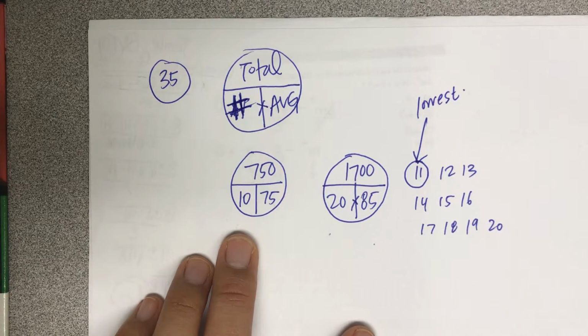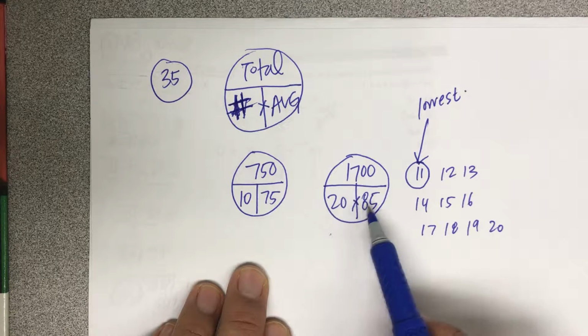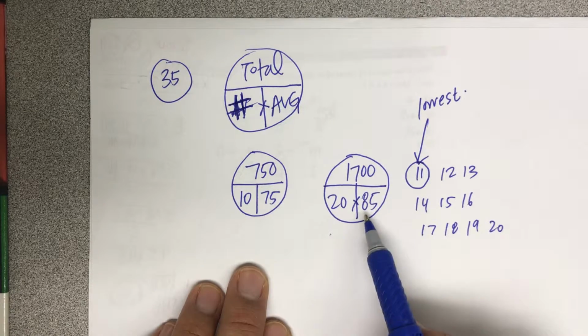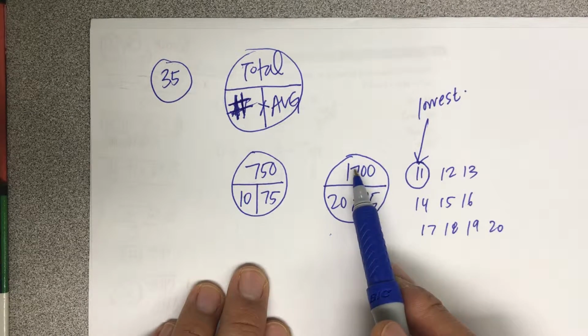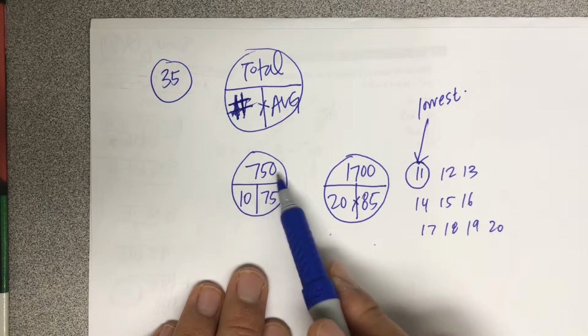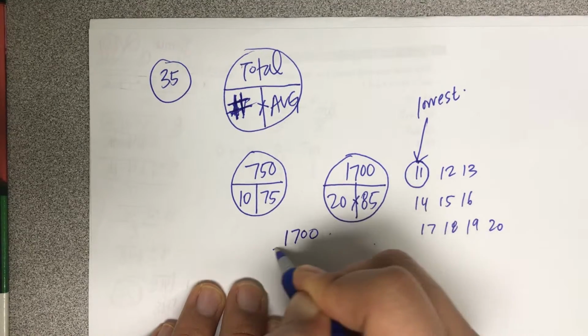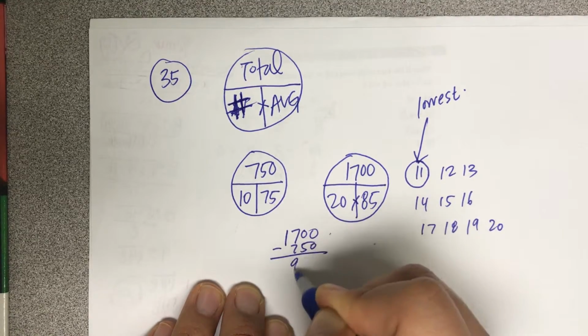So how you do this is, we know that there's 20 ratings total, and they averaged out to 85, that equals 1700. Out of that 1700, we know that 750 was already used for 10 of them. So really, if you go 1700 minus 750, you get 950.